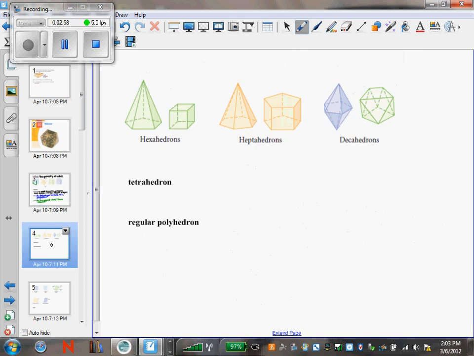Now we're going to look at specific polyhedrons. A tetrahedron is a polyhedron with four faces. Just a total of four faces.